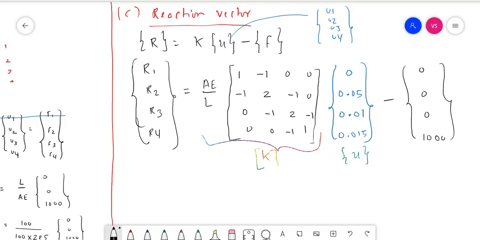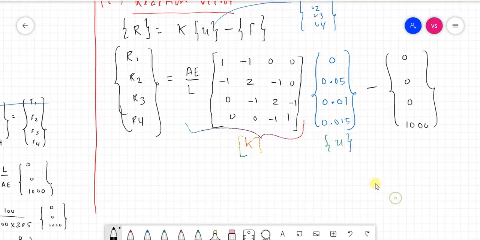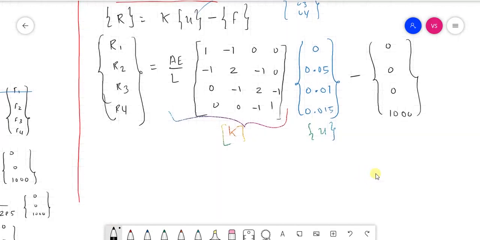Here at this point, either we can find R1, R2, R3, R4 and then come to know about the values, or we can simply write R2, R3, R4 will be 0, because we already discussed this, that you will have a reaction only if you are restricted from moving. So either you can put straight away 0, 0, 0 here, or you can find it. So we will find it and then verify whether our statement is true or not.